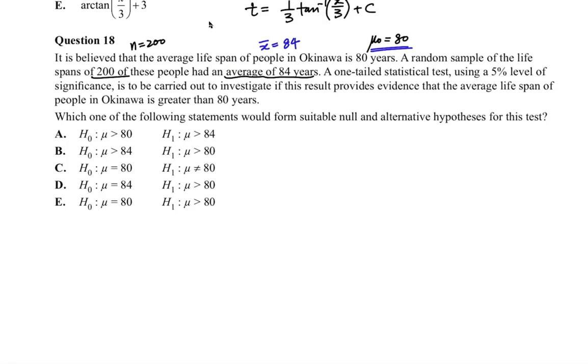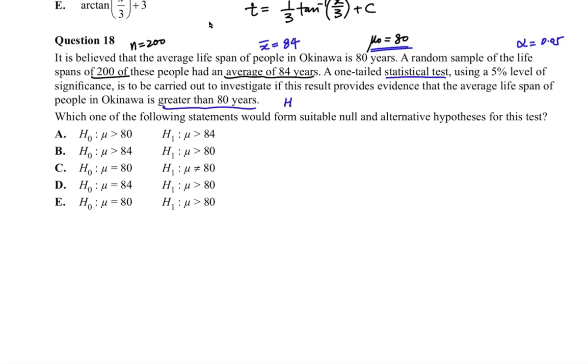X bar is 84. A one-tailed statistical test using 5% level of significance, that's your alpha, which is also your probability of type 1 error. We want to use this test to test if the actual lifespan is greater than 80 years.